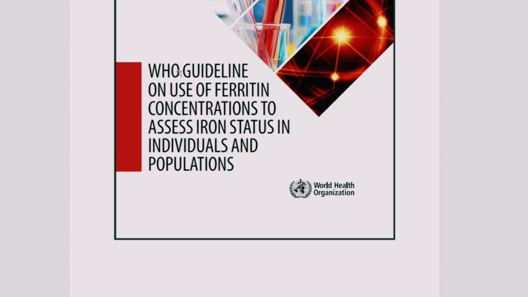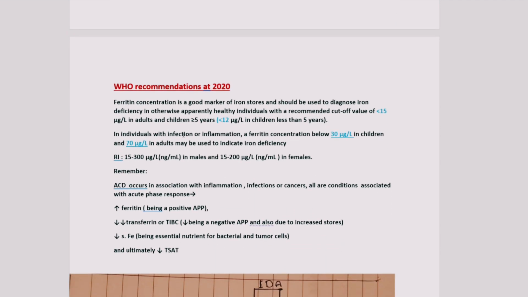In 2020, the WHO issued the following publication, WHO guideline on use of ferritin concentrations to assess iron status in individuals and populations. The WHO states that ferritin concentration is a good marker for iron stores and should be used to diagnose iron deficiency in an otherwise apparently healthy individual, with a cutoff of less than 15 in adults and less than 12 in children.